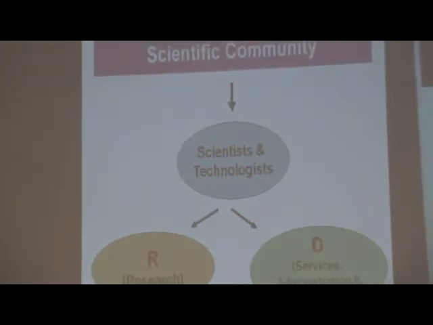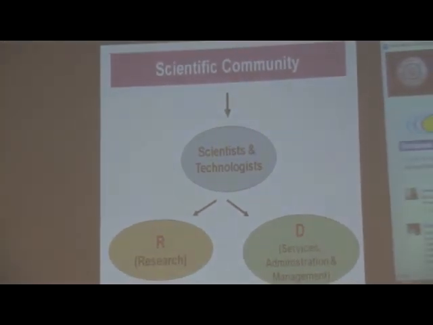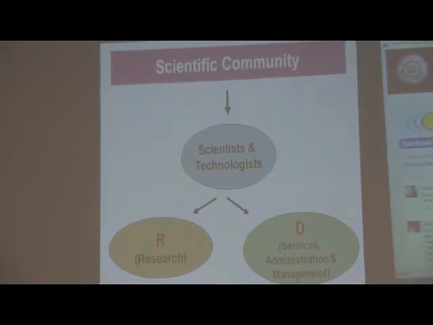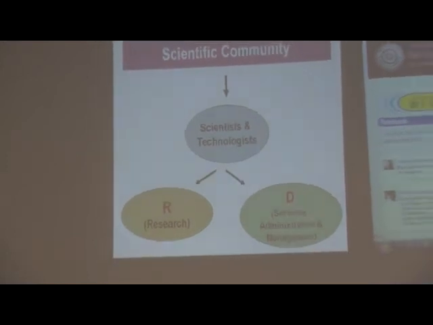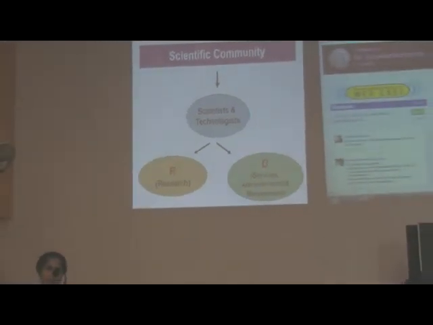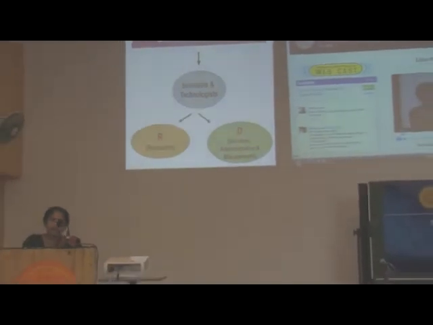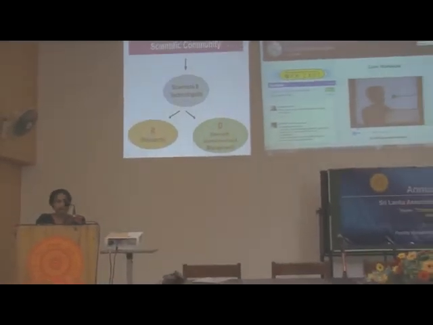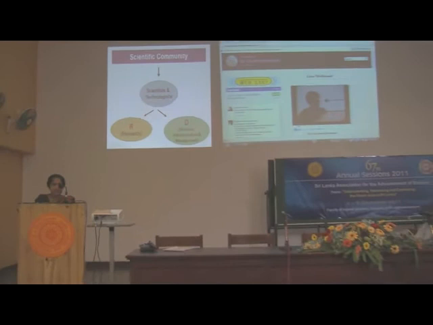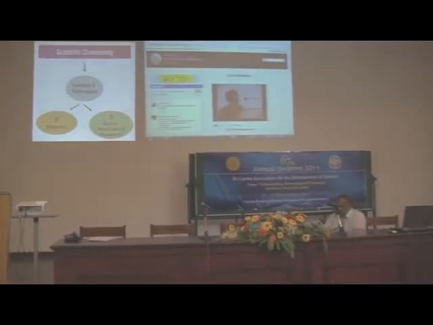The scientific community, usually we identify in policy or indicators as scientists and technologists, which include medical researchers as well. And there are again scientists and technologists. One category is doing research, the other category is services, administration and management for the development of science.